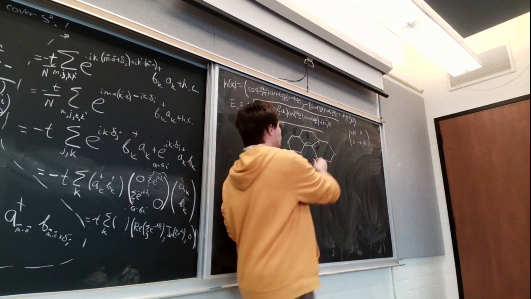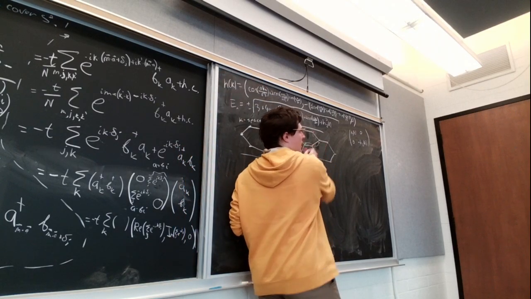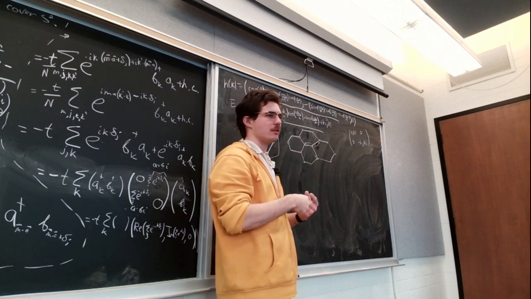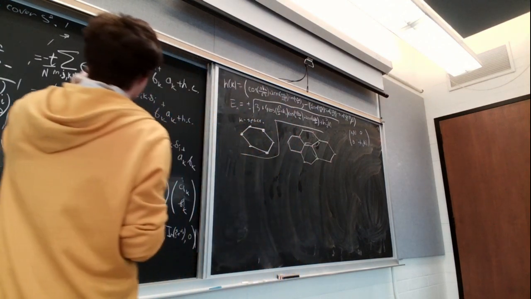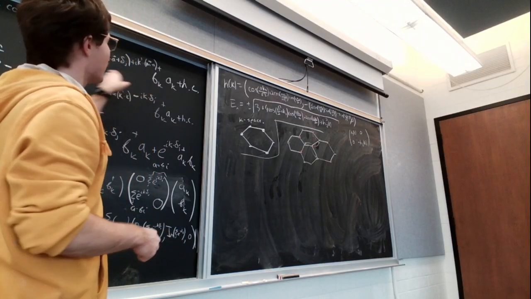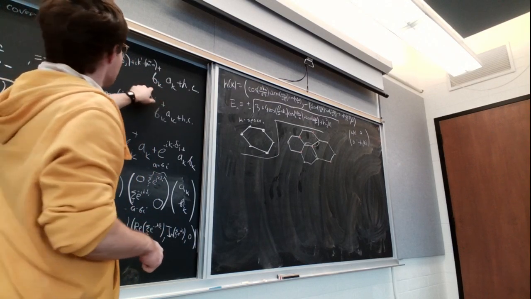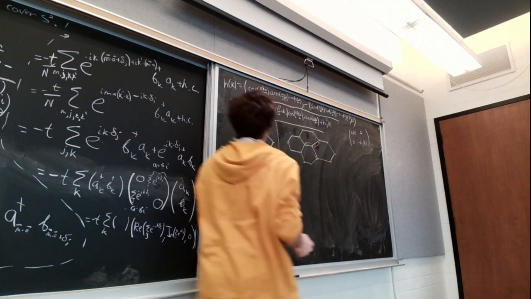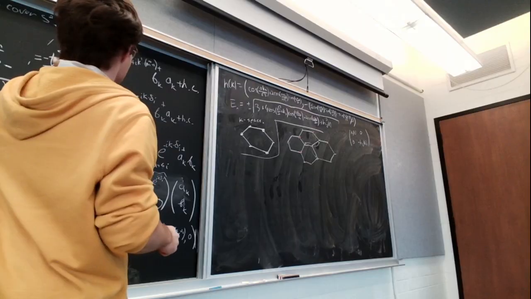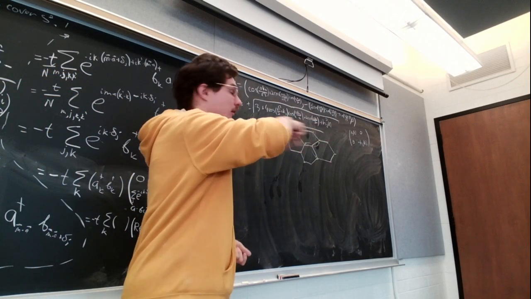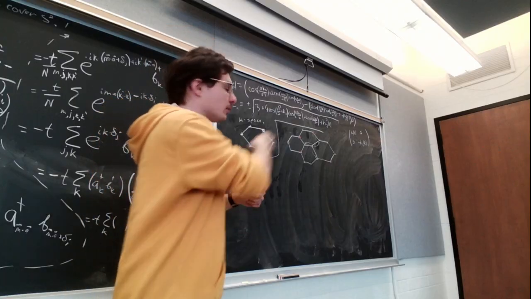I could do just A to itself, but that's just going to give me some constant term. That's not going to be momentum dependent. Why? Because remember, how did I get this momentum dependence? It was when I did the Fourier transform, I had these exponentials. I was hopping by some vector delta j, and then the contribution was e to the i k times the vector in the direction I was hopping. Do you agree? So I need to be going somewhere non-zero.